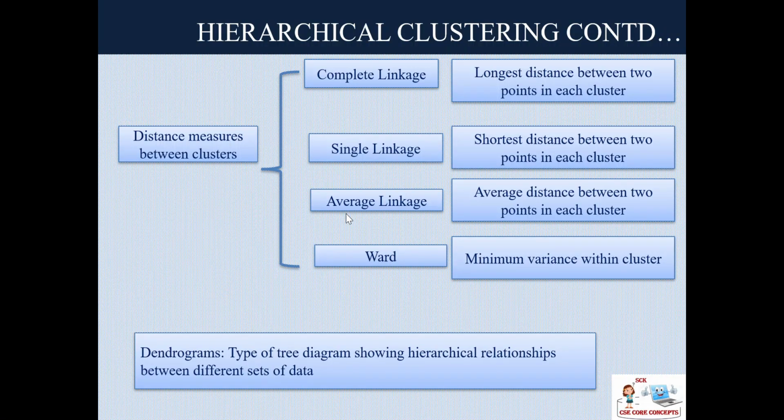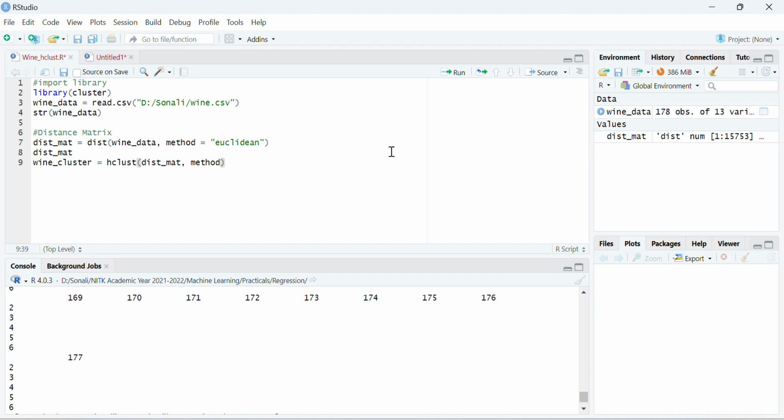One is the complete linkage, which computes the longest distance. Then the single linkage computes the shortest distance, then the average distance, and the ward, which is based on variance. Let us consider the average method here. You can try other methods also, so that it will be very clear to you how the results vary.